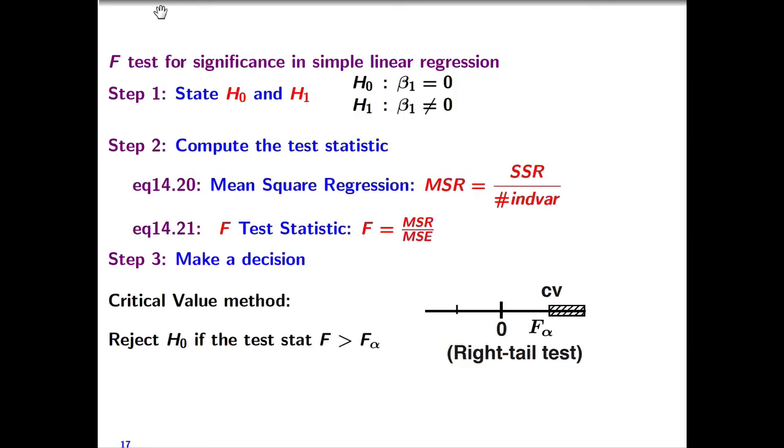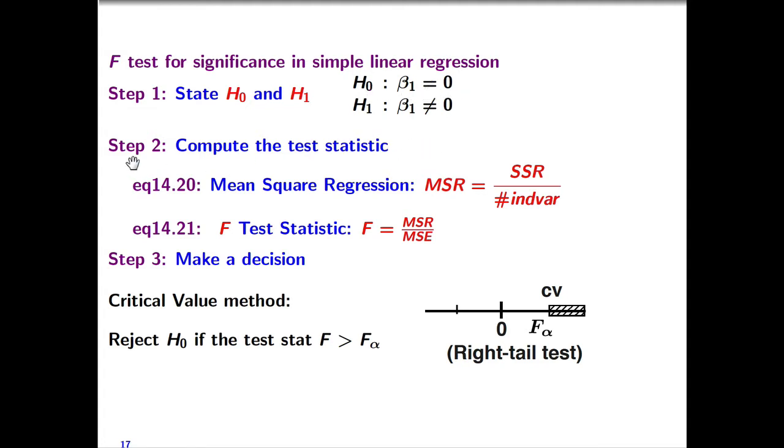We can also use the F-test for significance in the simple linear regression model. So step number 1, again, we state H0 versus H1, where H1 is beta 1 not equal to 0 versus H0 beta 1 equals 0.